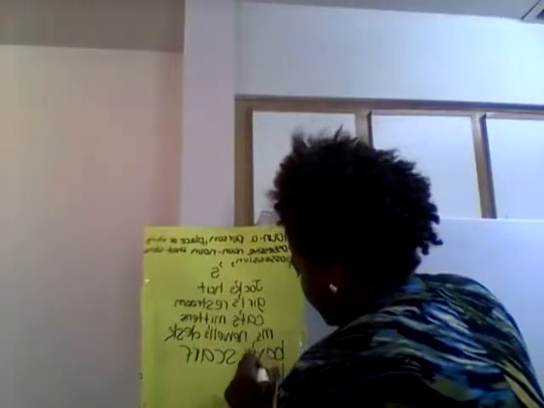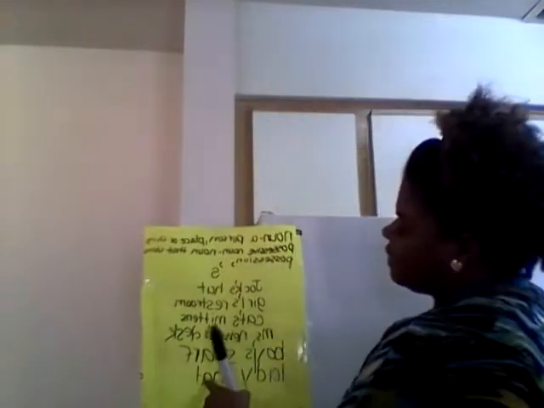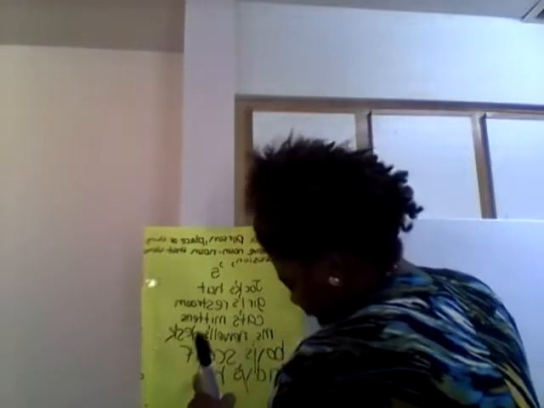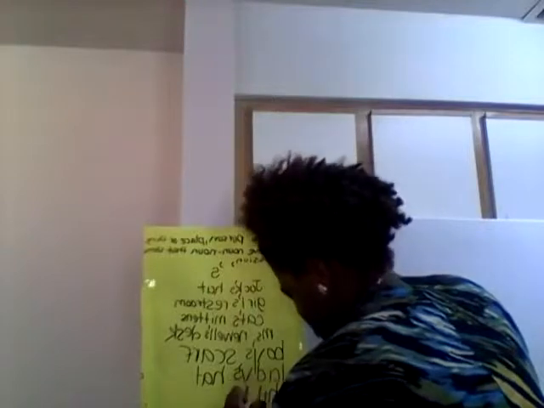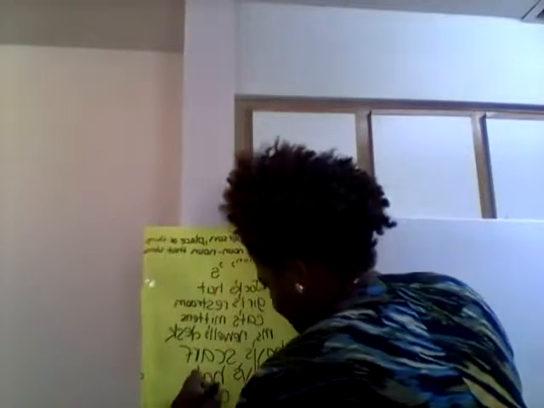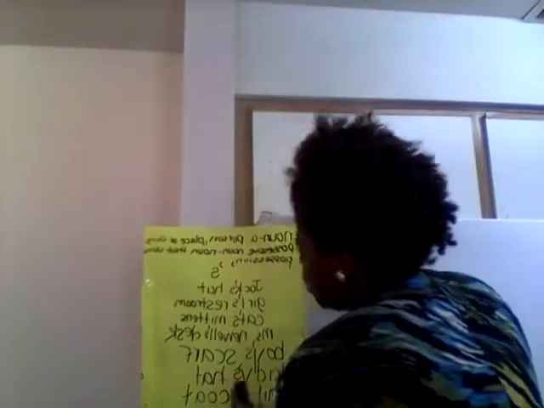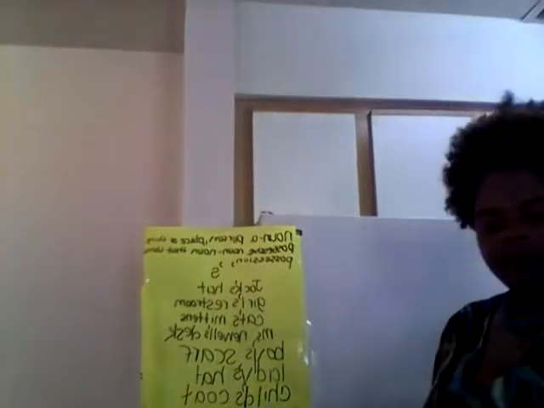Now they had lady, hat. And what do we have to add to lady to make her possess the hat? Apostrophe S, which is lady's hat. We're going to do one more example. Child, coat. And we have to add apostrophe S to child because the child possesses the coat.